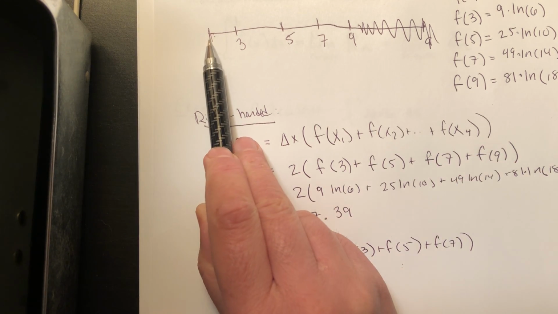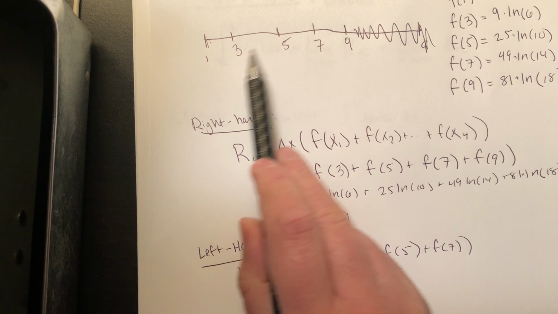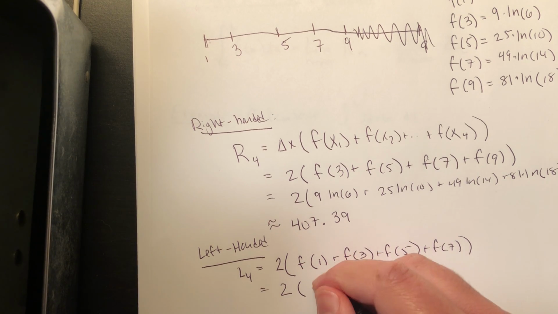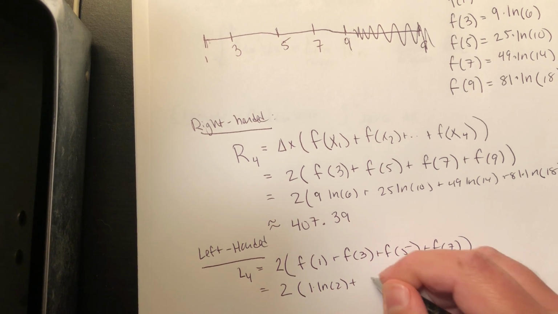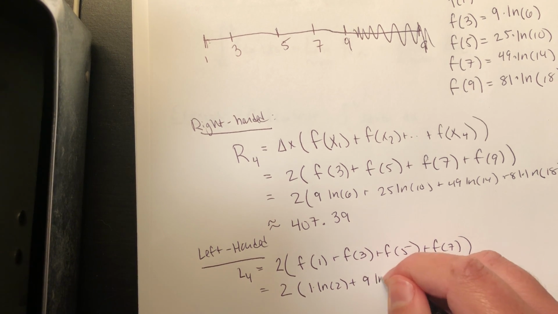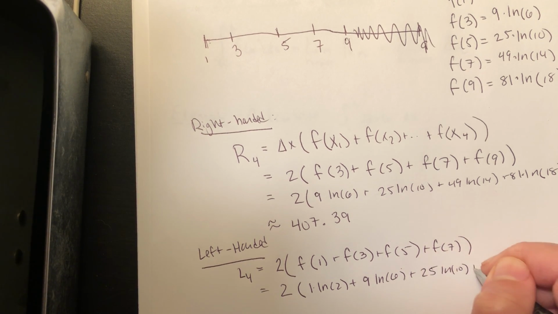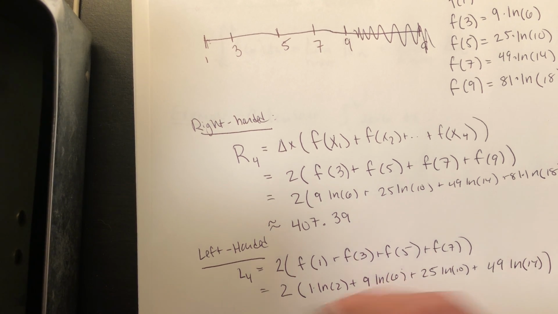Right, we're using the left endpoint of each of these intervals, so 1, 3, 5, and 7. So this would be 2 times 1 ln of 2 plus 9 ln of 6 plus 25 ln of 10 plus 49 ln of 14.